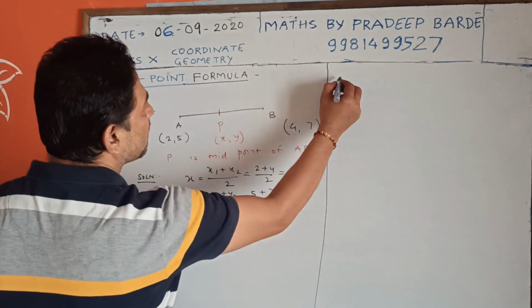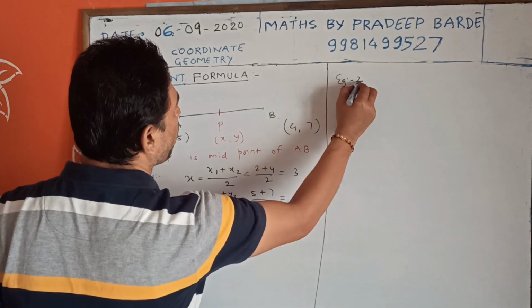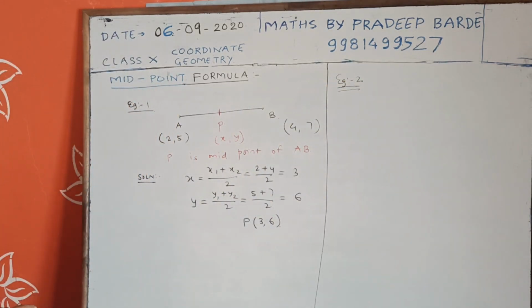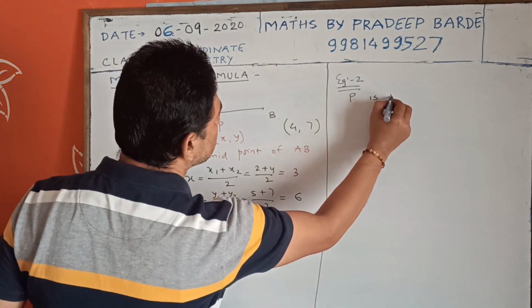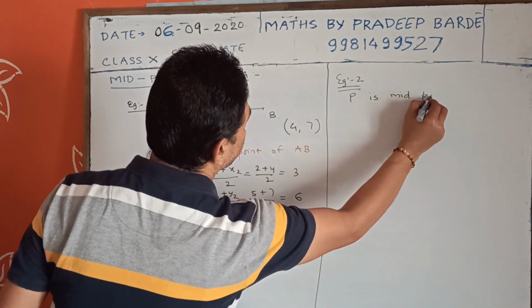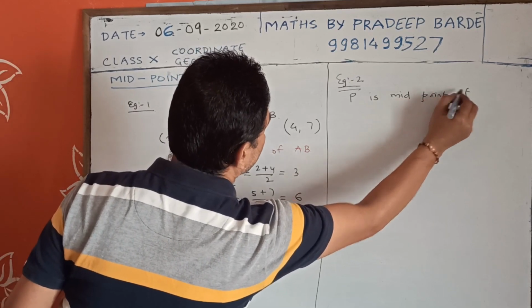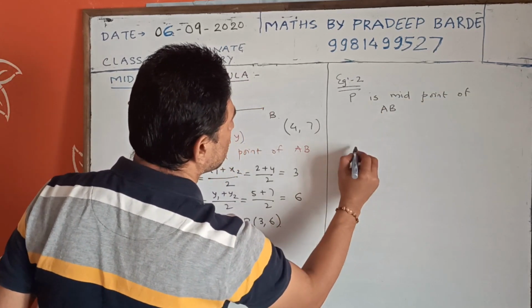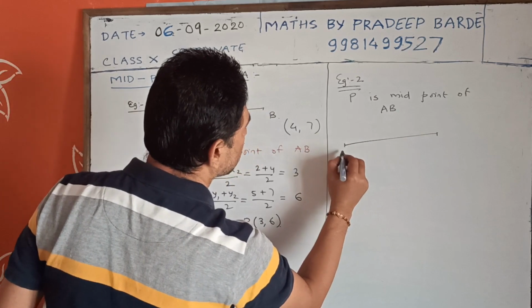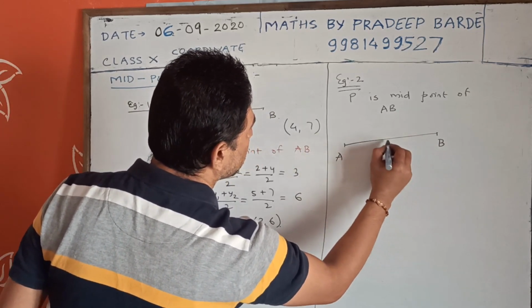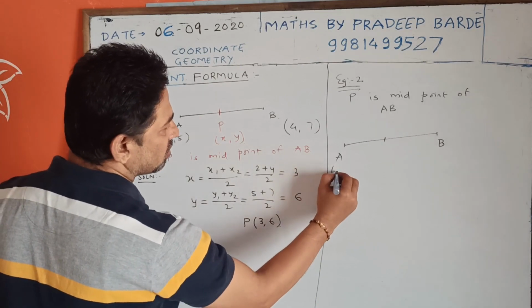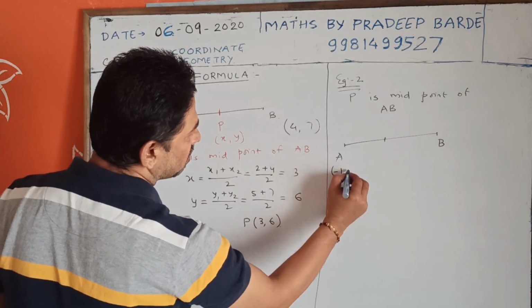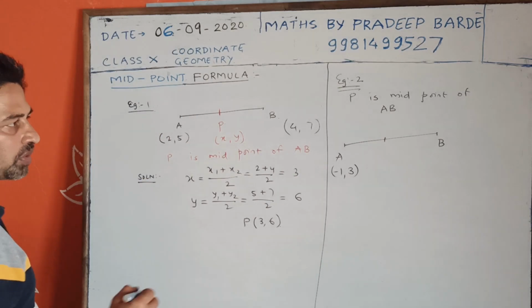Another example we can have here. Example number 2. Suppose P is midpoint of AB and the coordinates of A are given to you as -1, 3.